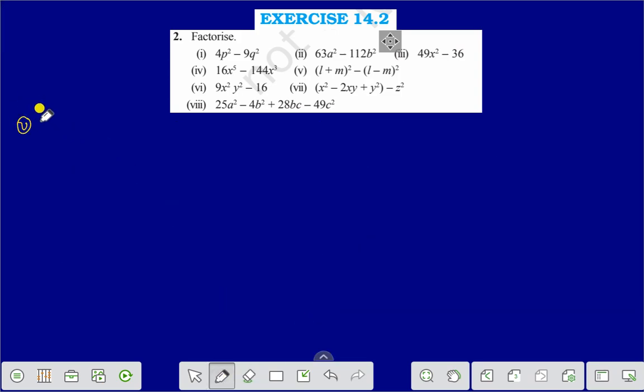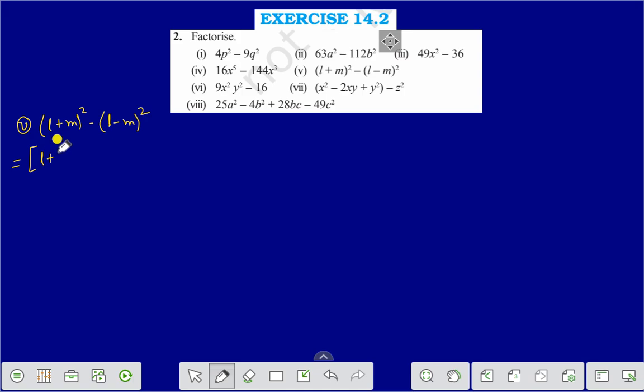Question number 5 is (L plus M) whole square minus (L minus M) whole square, or it can be written as a square minus b square. That can be written as a plus b into a minus b.